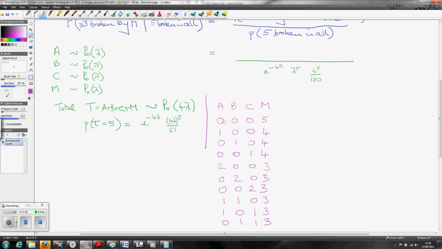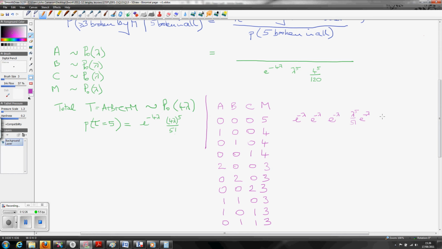And the probability that A breaks 0 plates is e to the minus lambda. That's what a Poisson distribution means for breaking 0. And the probability B breaks 0 is e to the minus lambda. And the probability C breaks 0 is e to the minus lambda. And the probability that M breaks 5 is lambda to the 5 over 5 factorial times e to the minus lambda.